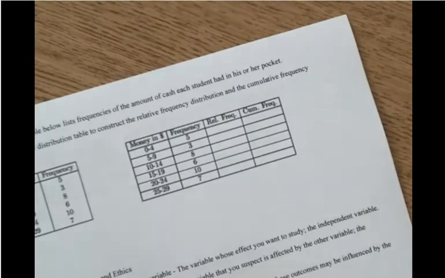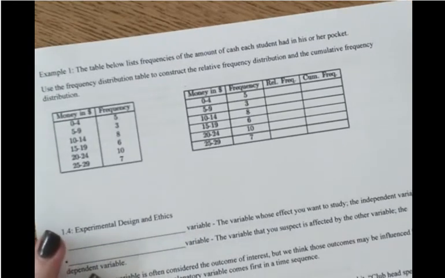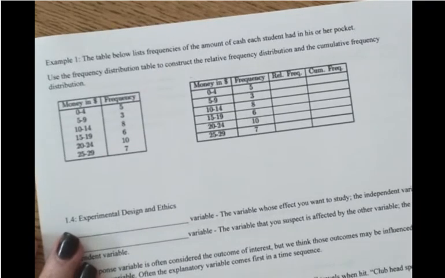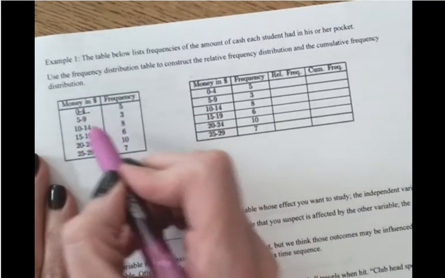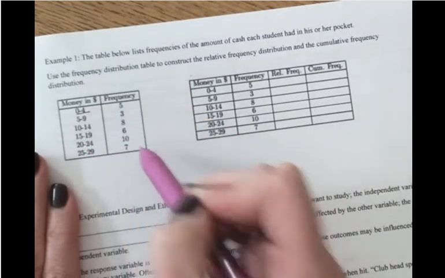So look, the table below lists the frequencies of the amount of cash each student has in his or her pocket. Use the frequency distribution table to construct the relative frequency distribution and the cumulative relative frequency distribution. So here are our categories: $0 to $4, 5 to 9, 10 to 14, and on and on, and how many students in each category.